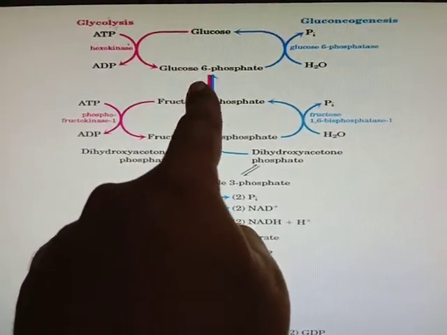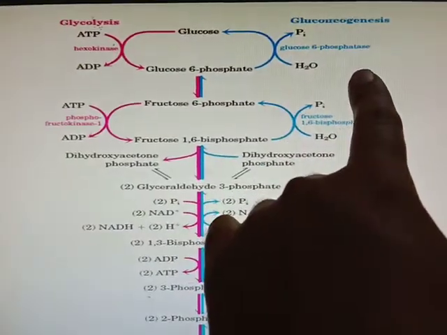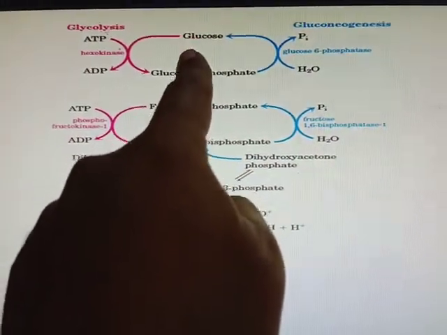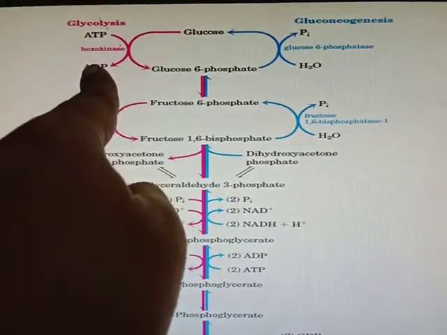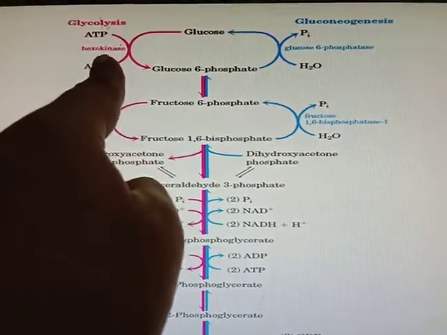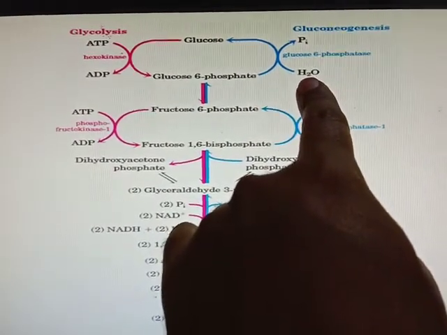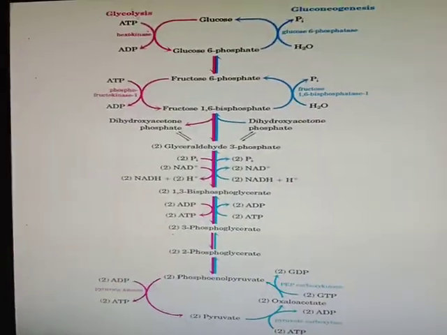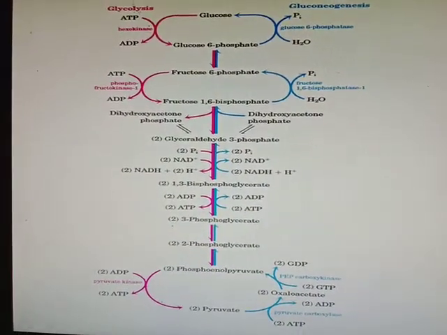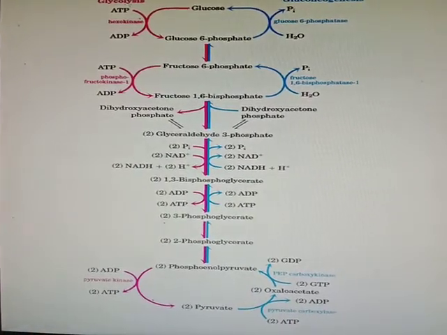Then glucose 6-phosphate is converted to glucose by the enzyme glucose 6-phosphatase, whereas in glycolysis glucose is converted into glucose 6-phosphate by the enzyme hexokinase. In glycolysis ATP is utilized here, whereas in gluconeogenesis there is no requirement of energy in the form of ATP. So gluconeogenesis is similar to glycolysis except for 3 steps.